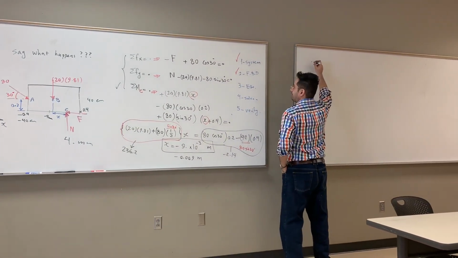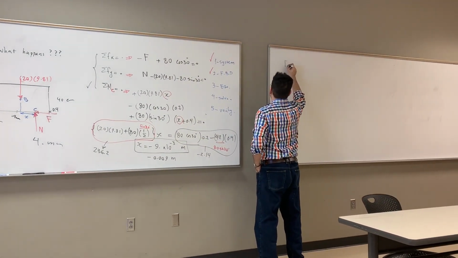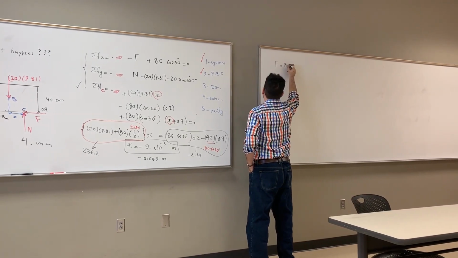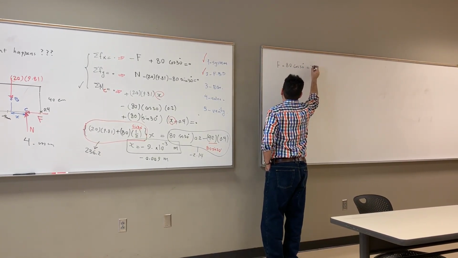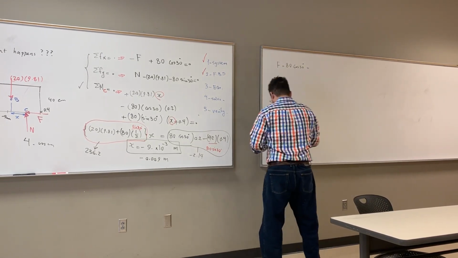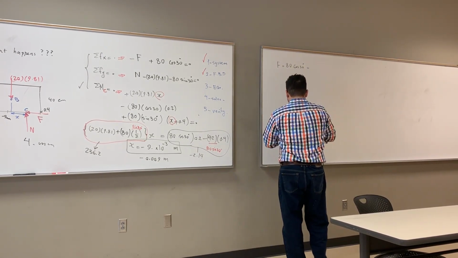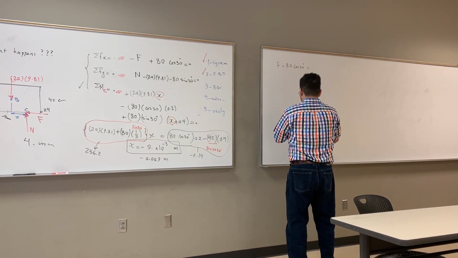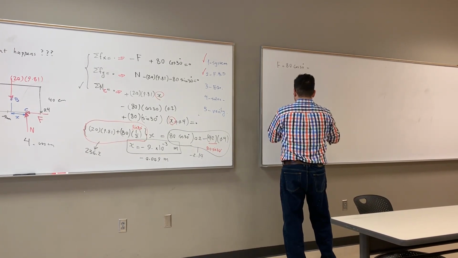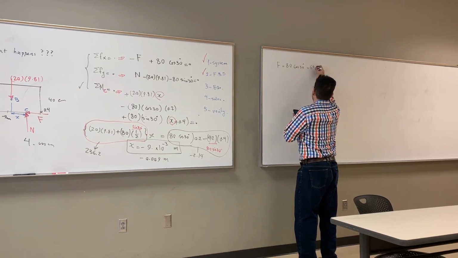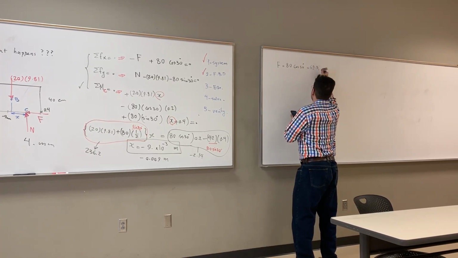So from the first equation, F is equal to 80 cosine 30, which is equal to 69.3.